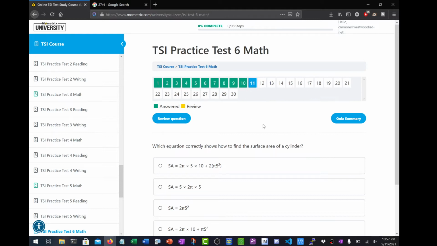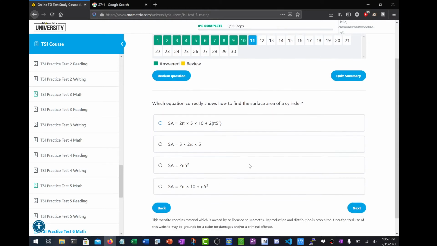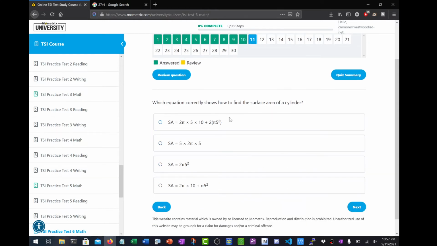Okay, now I take issue with this question. They seem to be just substituting in numbers here. Instead of asking us what the formula for the area of a cylinder is, or instead of giving us a cylinder with some measurements and asking us for the surface area, they're just sort of presenting these possible answers.